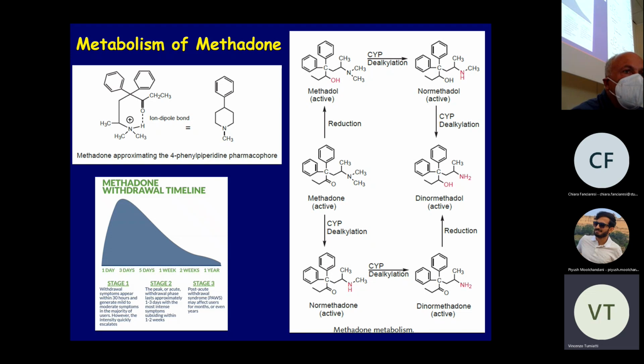And also here you can see a reduction of the ketone to alcohol, nitrogen dealkylation, normethadol still active, dealkylation, once again, the second methyl group, dinormethadol still active, and then you can get normethadone, once again, dinormethadone, and so on. All these metabolites are present in the urine of the patients.